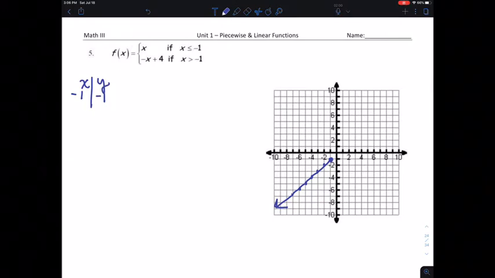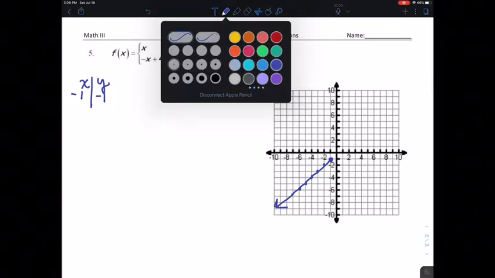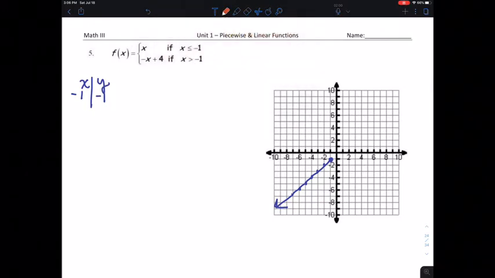Now, next part of this graph, let's get another color, is also going to start at -1, but this time our y value would be -1 times -1 plus 4, which would be 1 plus 4, which would be 5. So we would start at -1 and positive 5.